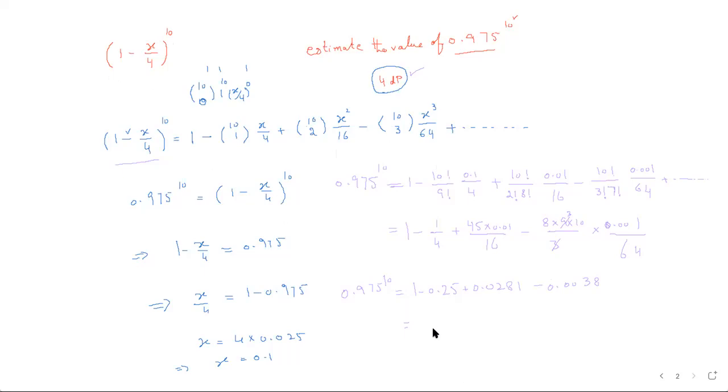Okay, so our answer here is 0.7743. If you use the calculator and put in this number, it actually comes out as 0.7763. That is what the calculator gives us. So this is only a very little difference that we got. Now you know how to solve these kinds of questions.